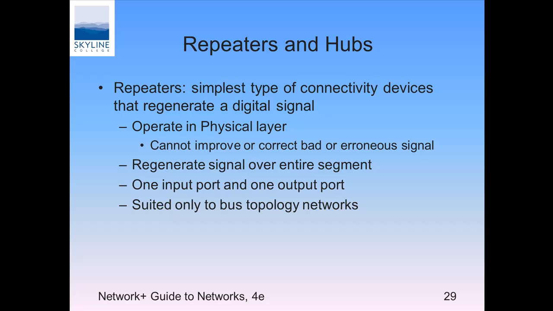You can think about it as a two-lane highway with a one-lane bridge, really. So it does have collisions. It will have collisions. It's going to be probably slow. Mostly they're going to be 10 megabits per second. They are a true bus, so everything sees everything. We've got no security, no isolation of traffic.